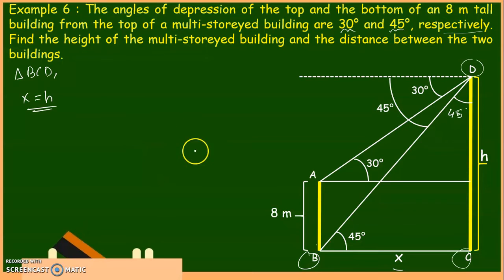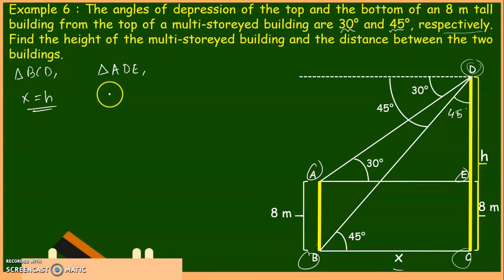Okay. Now if you consider the other triangle here, let's say the third point is E here, and this will be 8 meter. So let's say this is triangle AED.